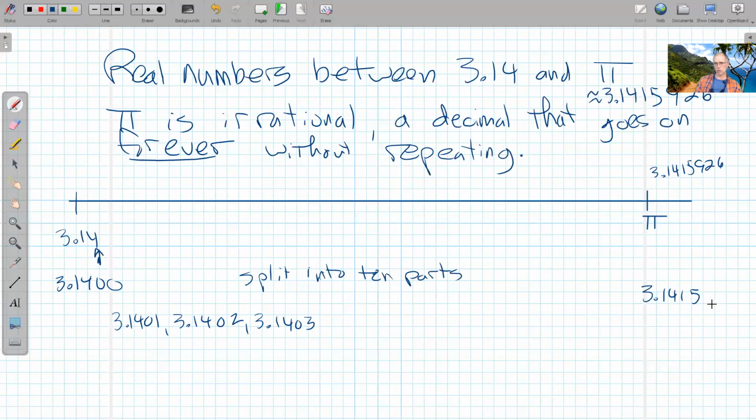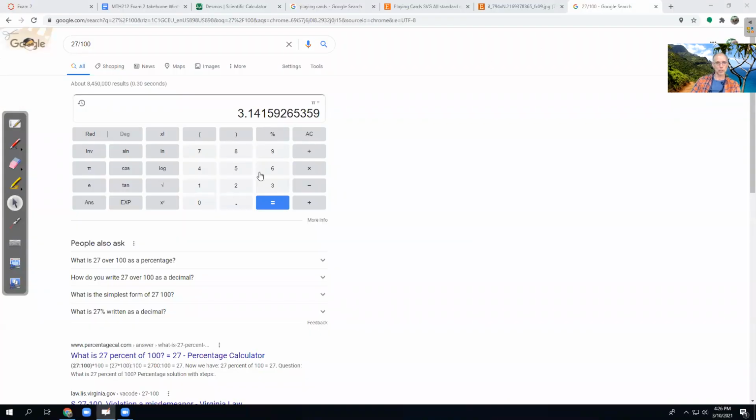What's going to be right in between 3.1400 and 3.1415? You can average those two numbers to find out what's in the middle. So let's do that for fun. 3.1400 plus 3.1415, divide by 2.